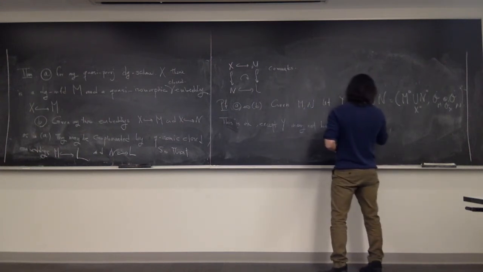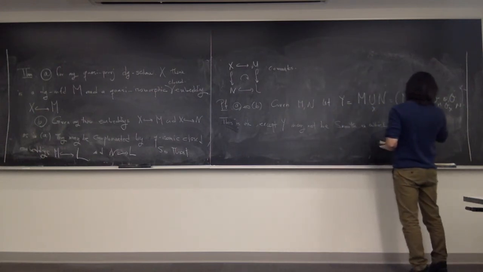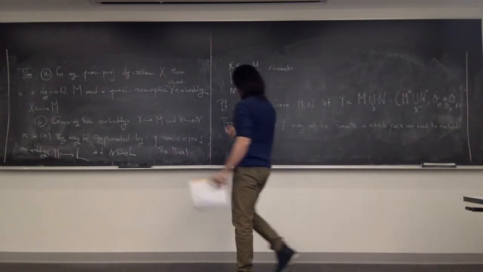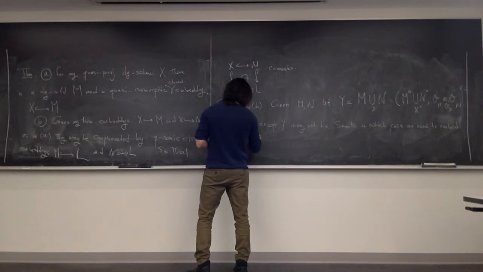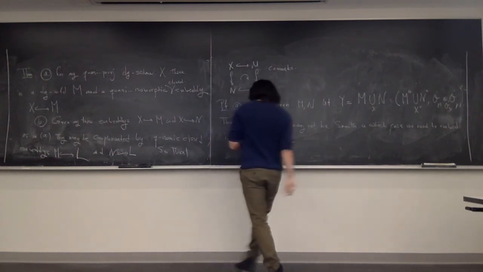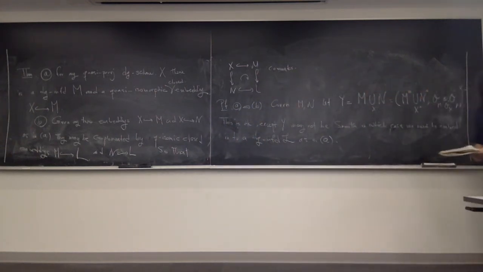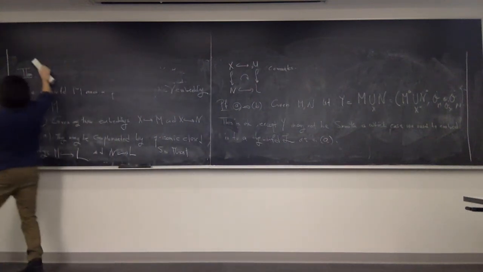In which case, we need to embed Y into something smooth, into a DG manifold L, as in A, which we can do with the assumption. So how do we do it?